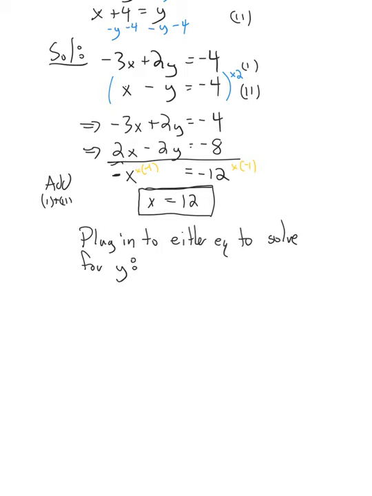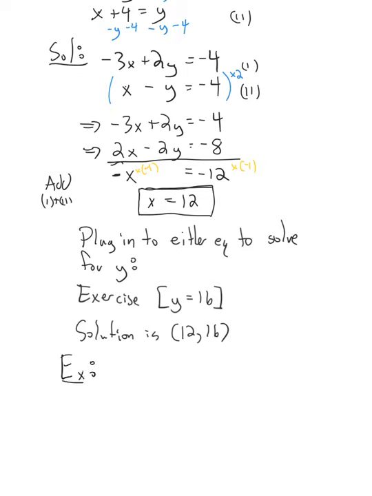I'll leave it as an exercise, but I'll tell you the answer. You should guess that y is 16. So if you get that, you're good to go. So our solution is 12, 16.